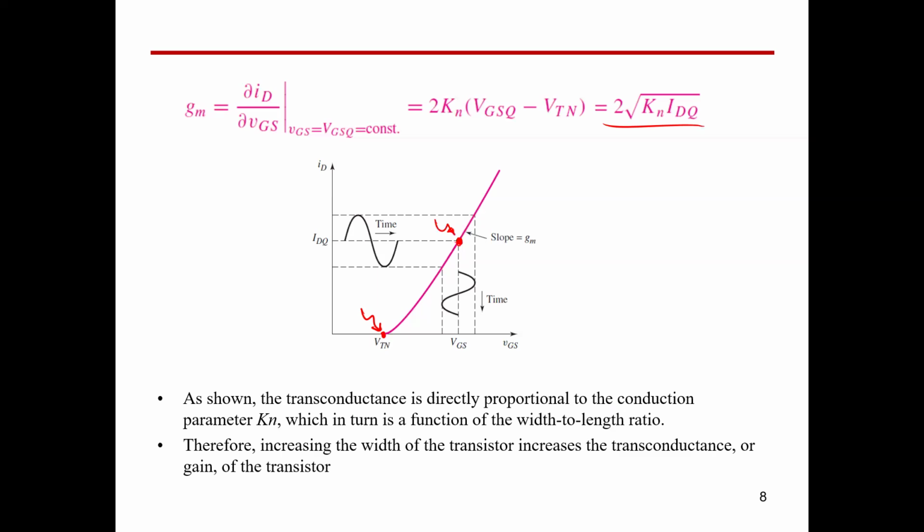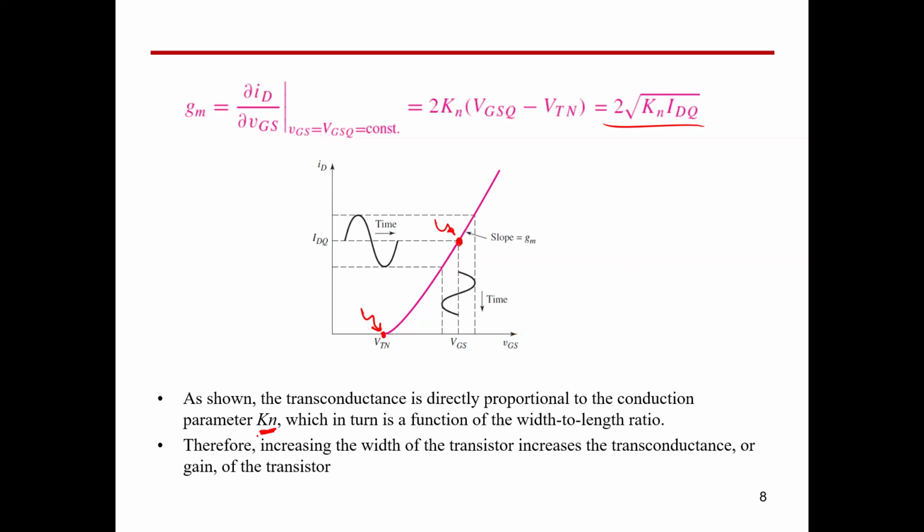If we would like to analyze this transconductance, you will find that transconductance depends on one important parameter, which is Kn, the conduction parameter.